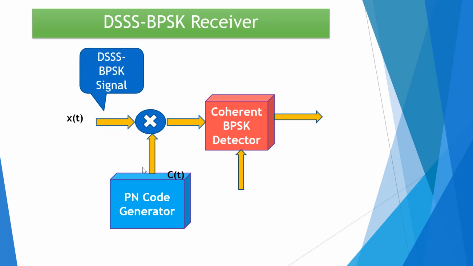Then the PN code generator output, which we have considered as c of t, is given to the product multiplier. We get the output, and that output is given to the coherent BPSK detector. It's a coherent BPSK, so a locally generated carrier is used over here. So we get our output signal back after detection. So this is the DSSS receiver.